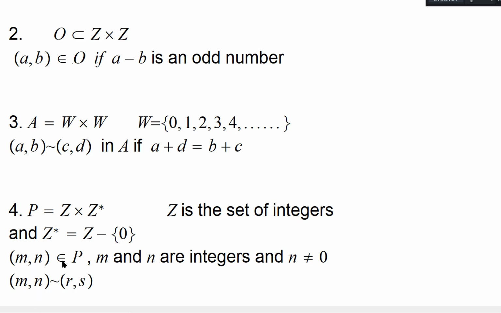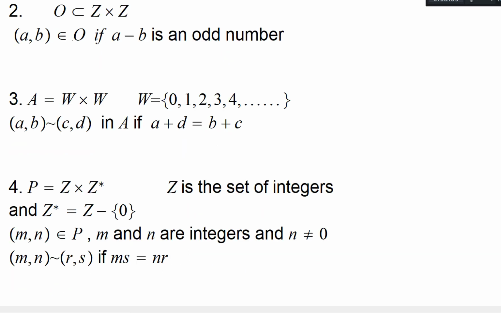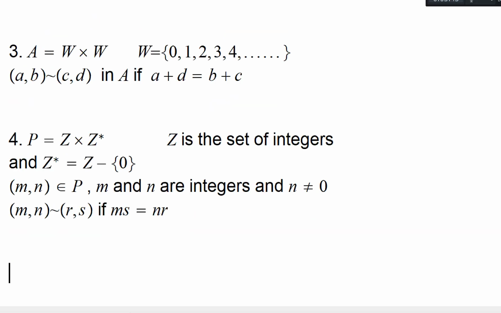Both these are elements of P, that is M and R are integers, N and S are also integers, but the only difference is that N and S are non-zero integers. So if MS equals NR, that's the relationship we defined here, or that's how we define this relation.